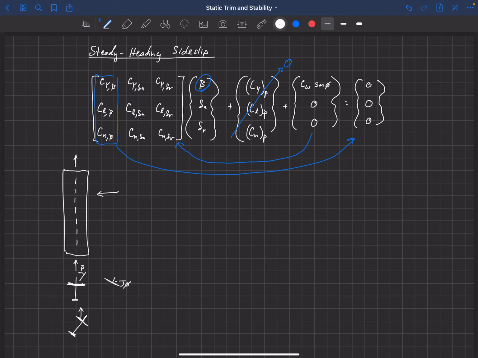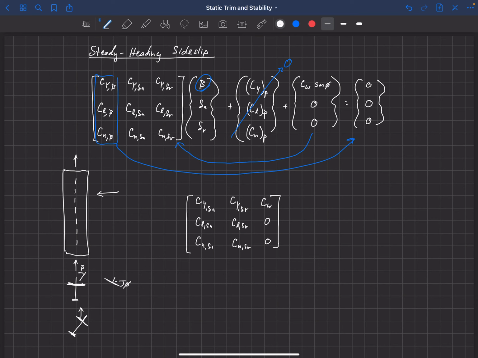Okay, so if I rearrange these equations, I'll have CY delta A, CY delta R, and cosine, the weight coefficient there, then CL delta A, CL delta R, 0, and CN delta A, CN delta R, and 0.